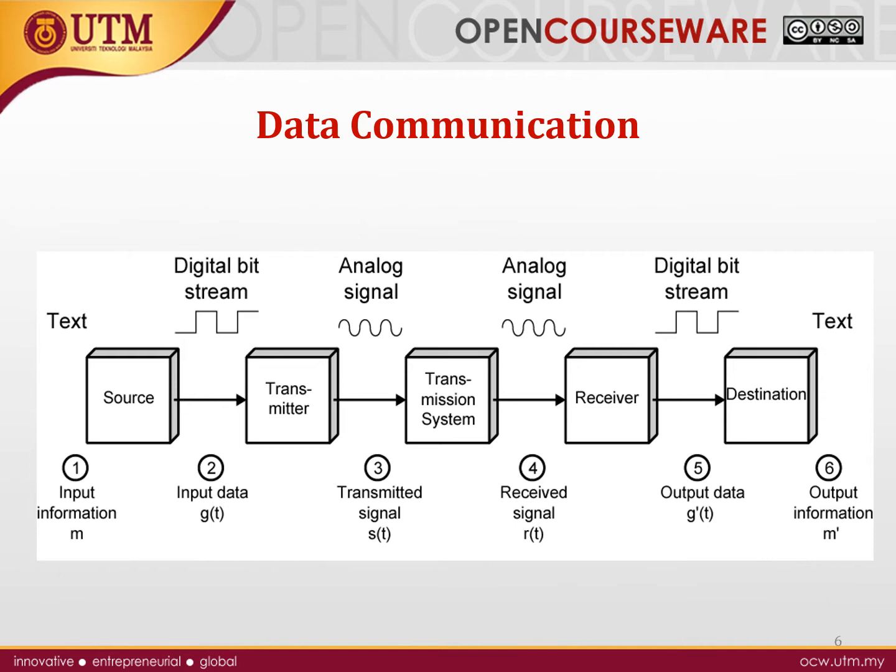And then we have the transmission medium, which is the physical link by which the message travels from the sender to the receiver. And then we have the receiver, which is the device that is going to receive the message and is considered to be the destination, the output of the information, while the source of the information is considered as the input of the information.